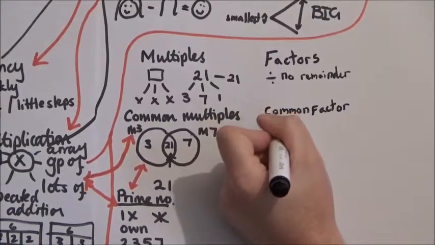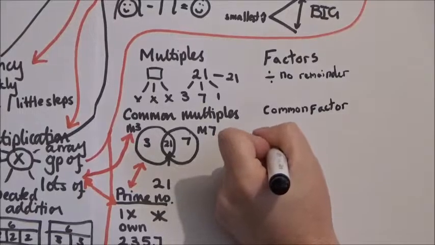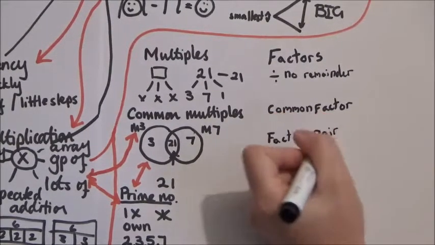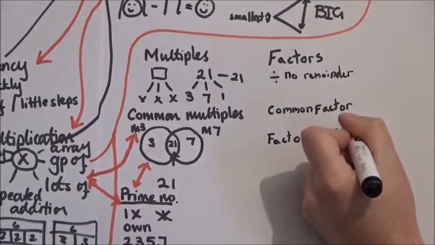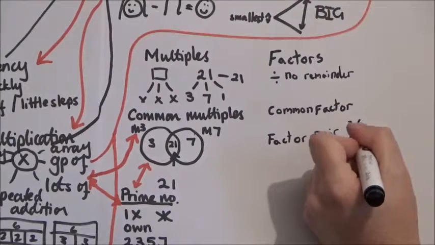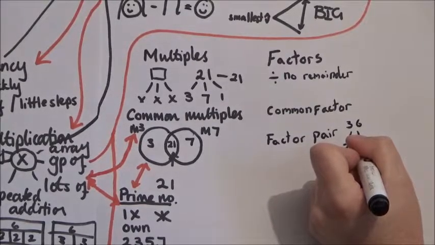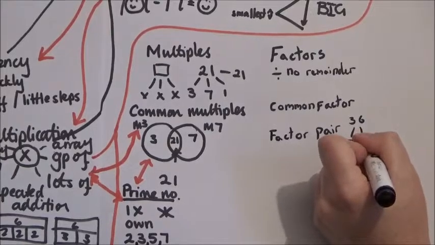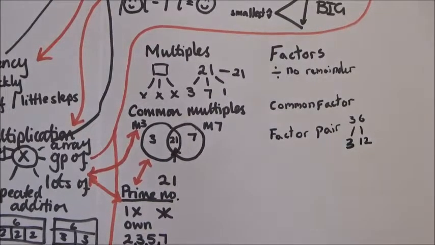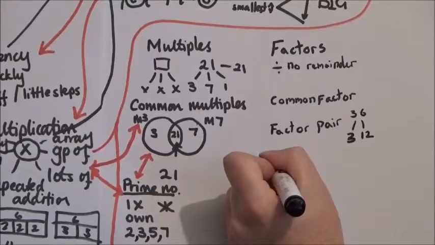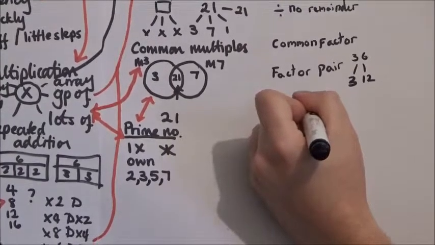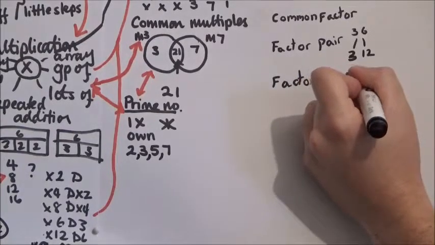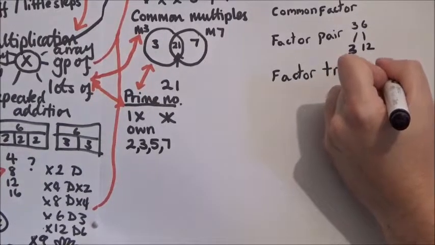I could have had a factor pair. So let's say, for example, we could have had 36 and we said 3 and 12 are factor pairs. And then we could have factor trees which find prime factors.